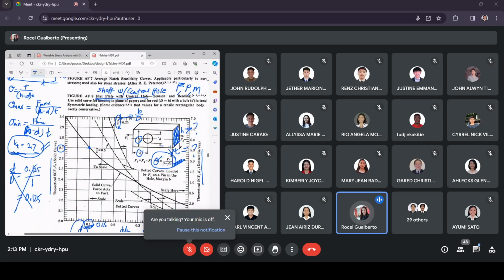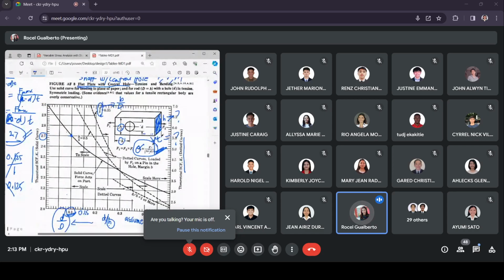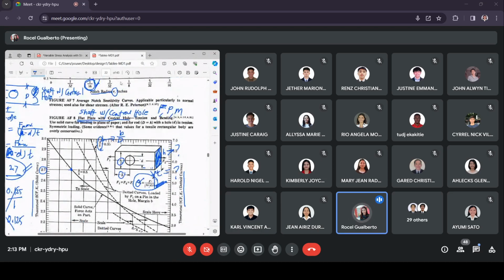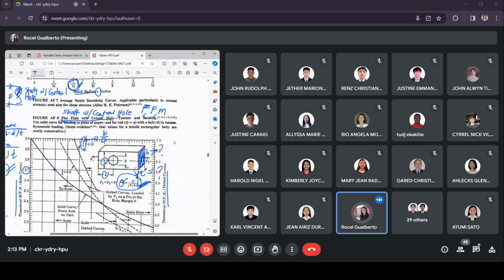We have modified this, base po doon sa ginawa nating shaft with central hole. So, if it is a shaft with a central hole, what would be now the value of your stress? The force over what would be the corresponding area.